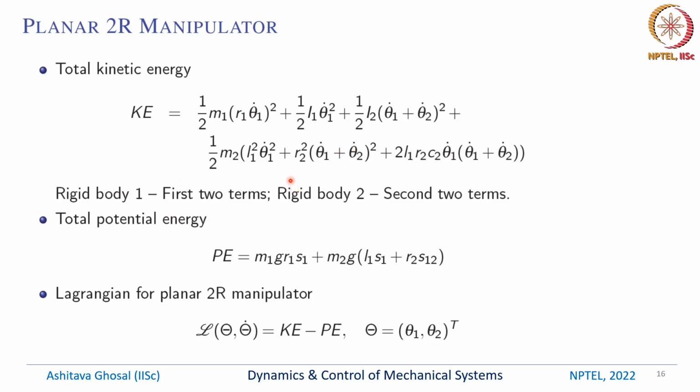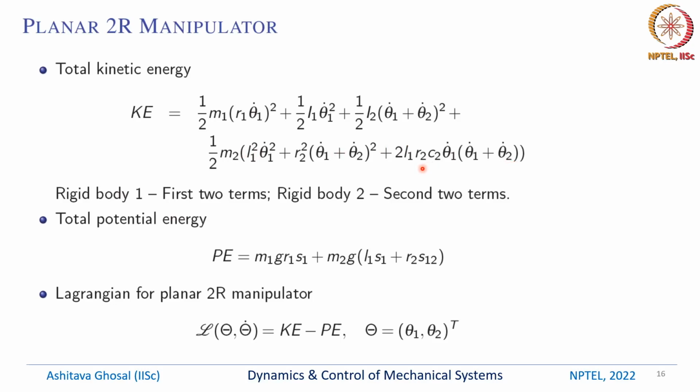If you simplify this, and we have done this earlier, you will get one term which is L1 square θ1 dot square. There is also r2 square (θ1 dot plus θ2 dot) whole square, and then 2 L1 r2 C2 θ1 dot into (θ1 dot plus θ2 dot). Okay, this is nothing new. It is very simple conceptually.